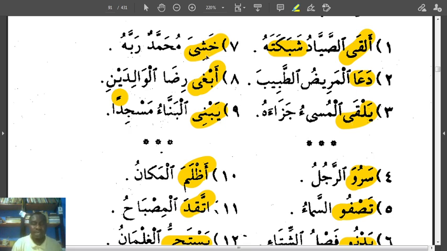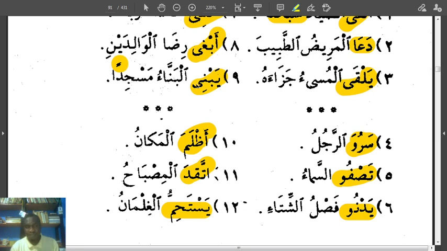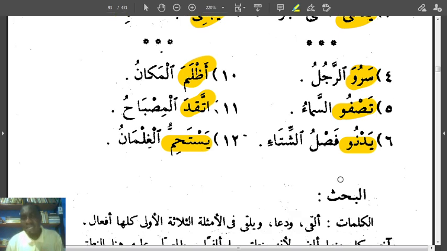You can see here khashiya, the ending is yai. Abghi, the ending is yai. Yabni, the ending is yai. Now here you have sarwa, ends with waw. Tasfu ends with waw. Yadnu ends with waw. So the first three we have alif, yai, waw. These are af'al mu'tallatul akhir, verbs that have weak endings.